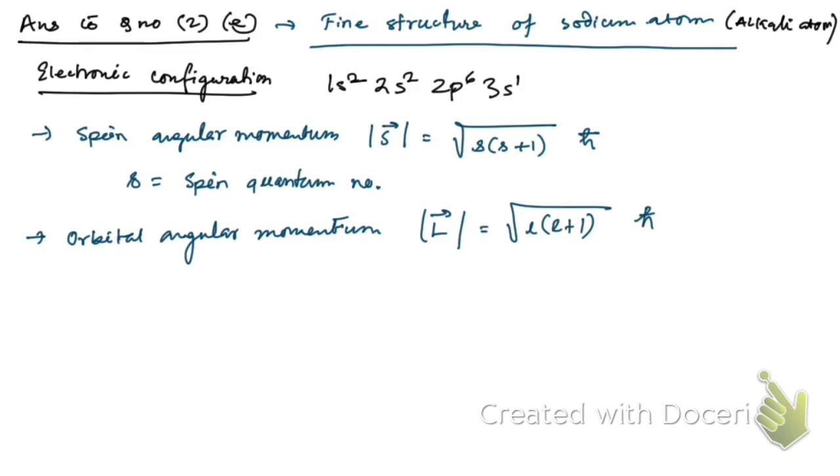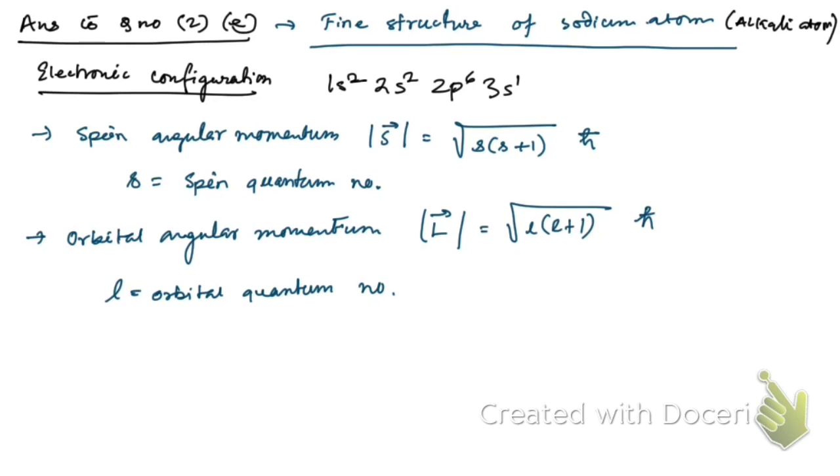Same thing. So here this small l is the orbital quantum number.